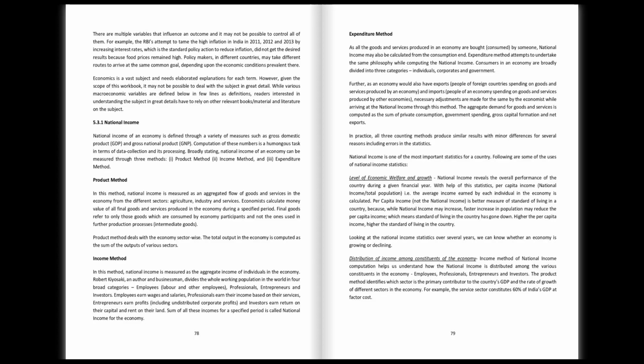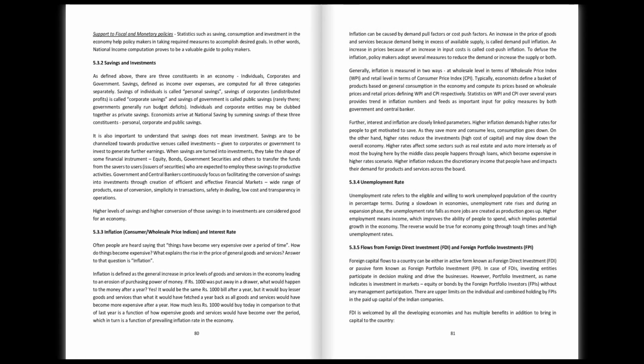For example, the service sector constitutes 60% of India's GDP at factor cost. Support to fiscal and monetary policies. Statistics such as saving, consumption, and investment in the economy help policymakers in taking required measures to accomplish desired goals. In other words, national income computation proves to be a valuable guide to policymakers.